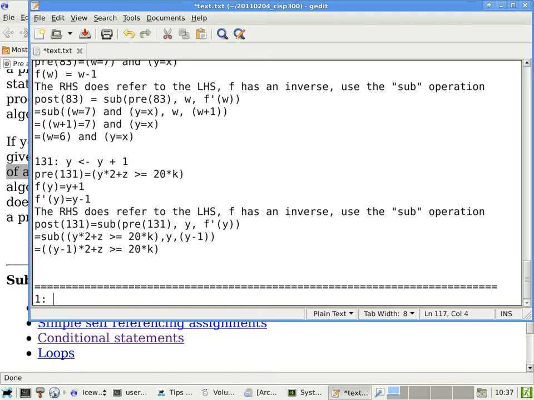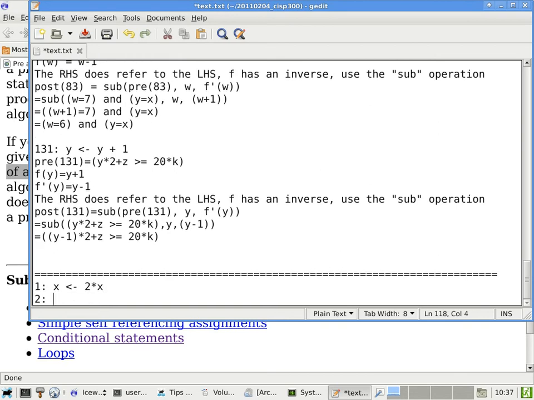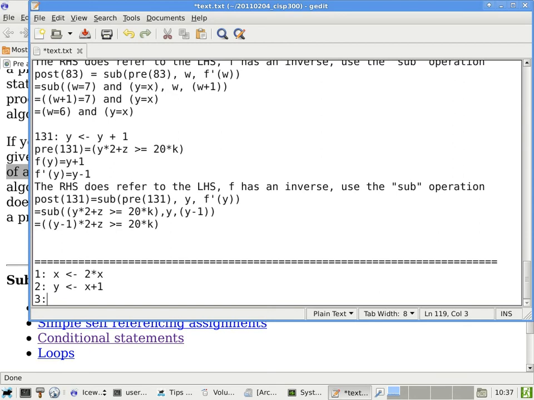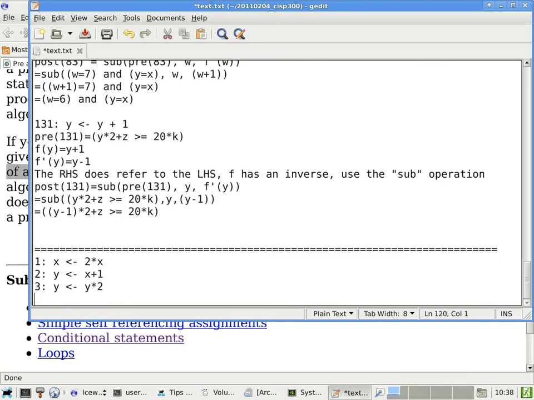Okay, we start with line 1, and then we say x gets 2 times x. On line 2, we say y gets x plus 1. On line 3, we say y gets y times 2. And then on line 4, we say x gets x plus 1. Doesn't matter.